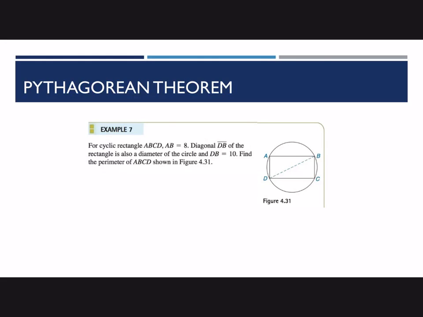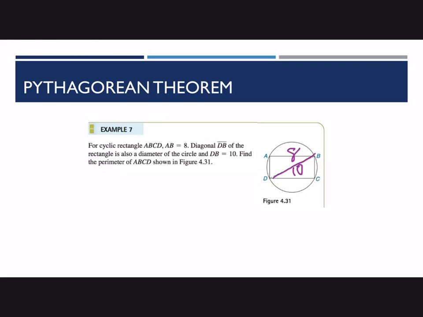All right, this example from the book, we've got a cyclic rectangle, and we're doing another Pythagorean theorem problem, so this one's a pretty easy one, but we know that AB is 8, and the diagonal DB of the rectangle is the diameter of the circle, and it measures 10.